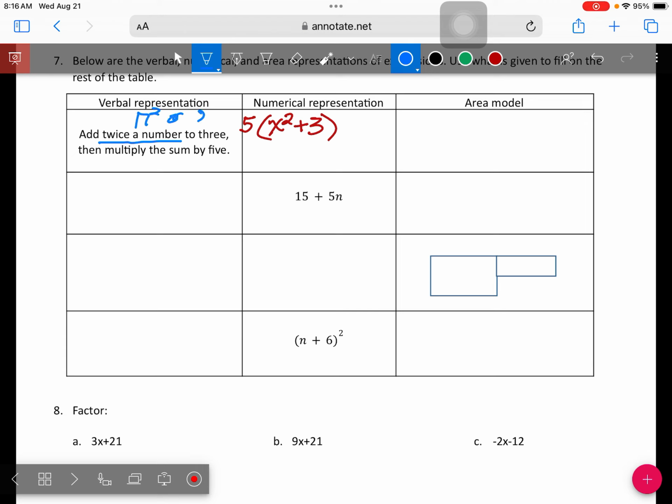Or is that going to be 2 times 17? Yeah. So we don't want x squared. We want 2x. I said add twice a number to 3. So like this. And then multiply that sum by 5. So that is the correct answer.